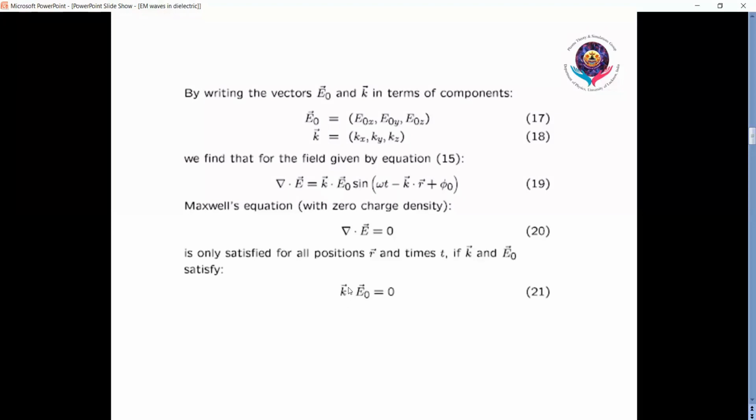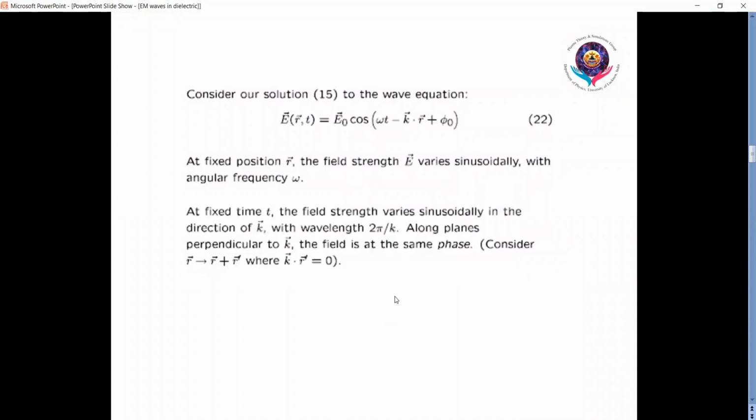What does this signify? The dot product of the propagation vector and the amplitude of the electric field is 0. That means they are perpendicular.